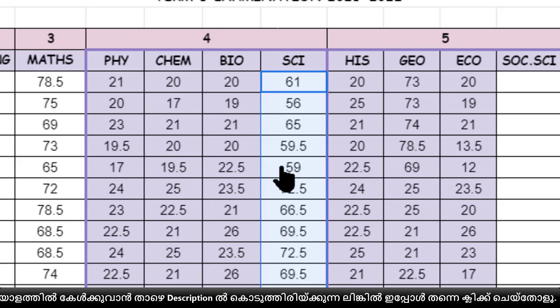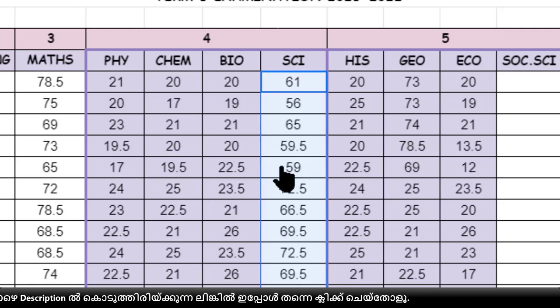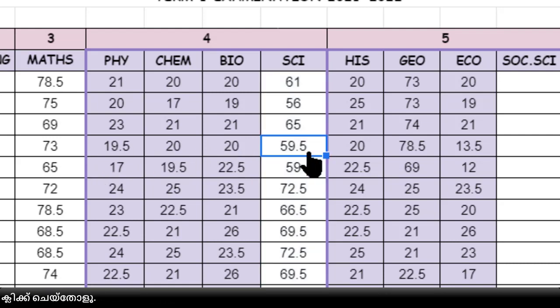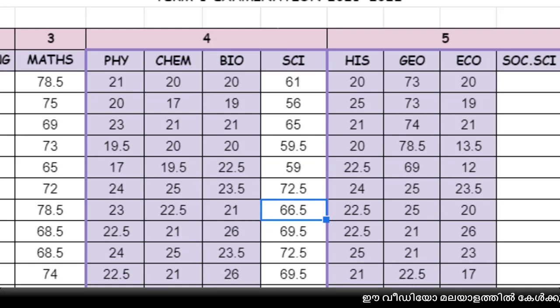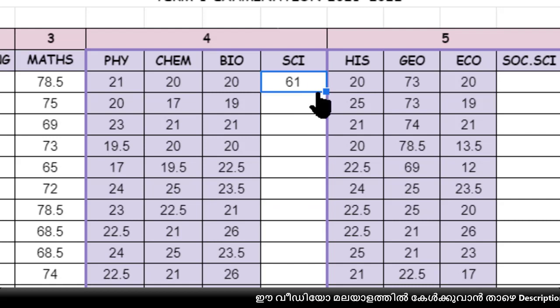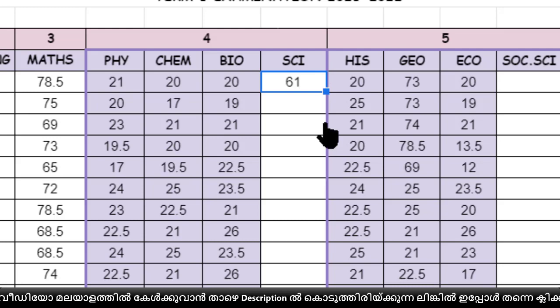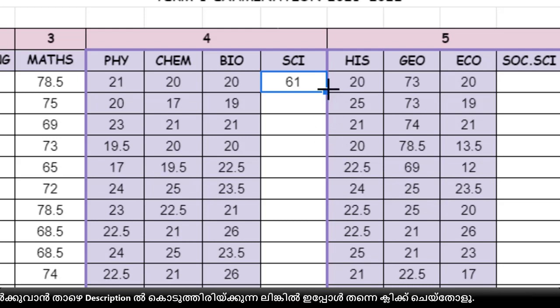So the same formula calculated the marks from the 3 cells on the left side of this mark. See, we got 59.5 because of these 3 cells, and 66.5 because of adding these 3 cells. So it came automatically. You can drag the cell down to get all the answers, or you can double click in this corner.